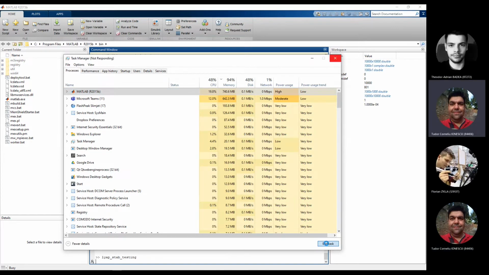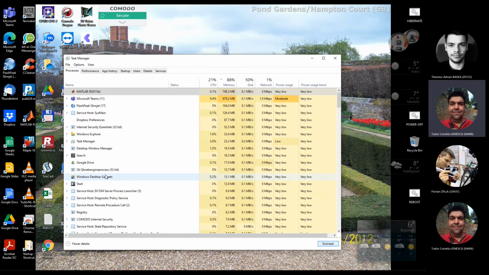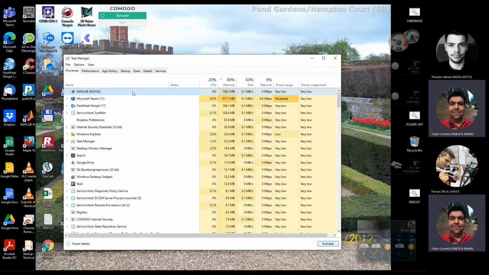Okay. So it stopped. Let's go now to Maple. I hope Maple works. Oh, MATLAB is not killed. MATLAB is still showing here, you see? Very strange.